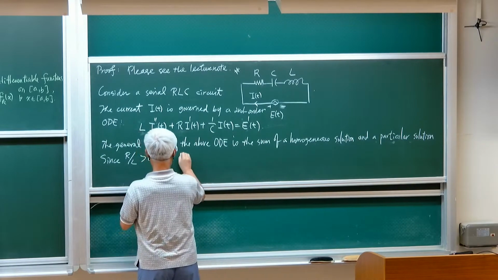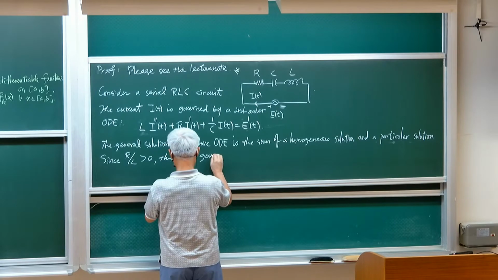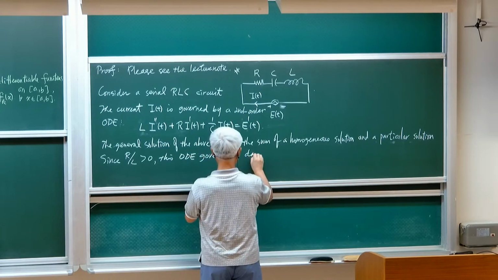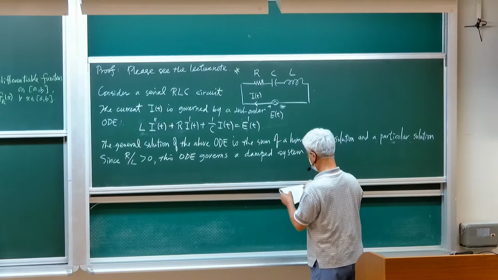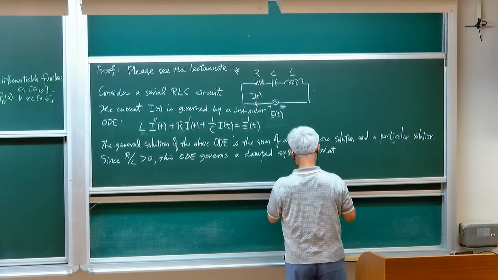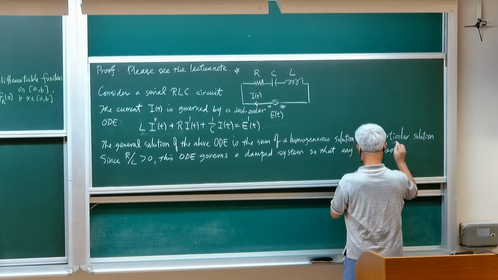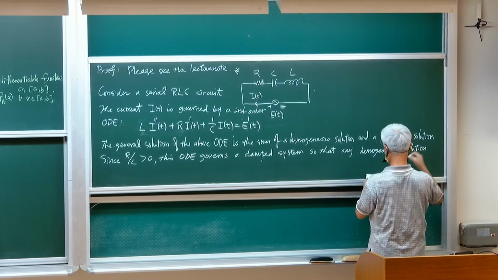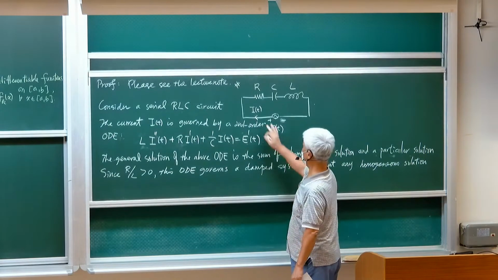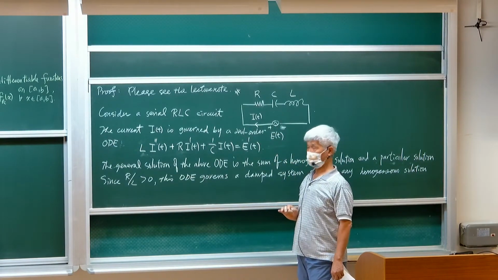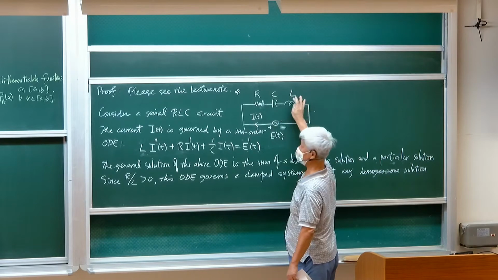So this ODE governs a damped system. Any homogeneous solution, the reason why you have current flowing in the circuit when the driving force is 0, is because of the initial energy in the capacitor and in the inductor.